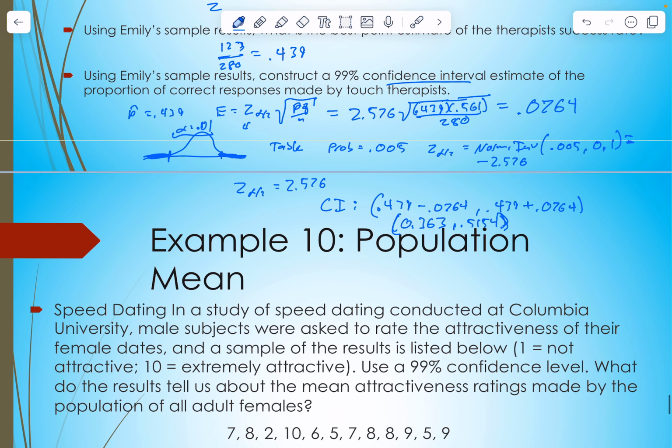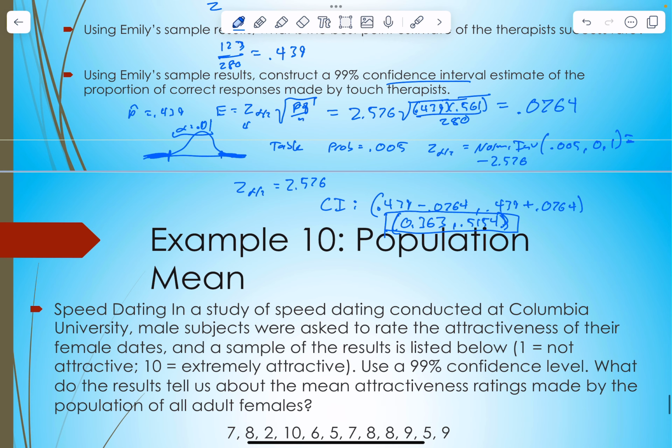And so that right there is my confidence interval. And so what that means is that I am 99% confident that the true proportion p is within these two numbers.